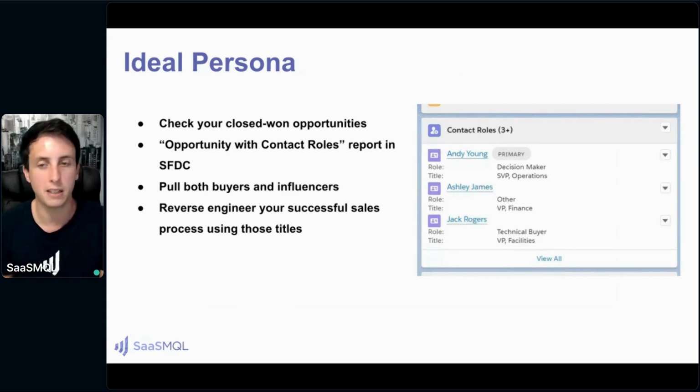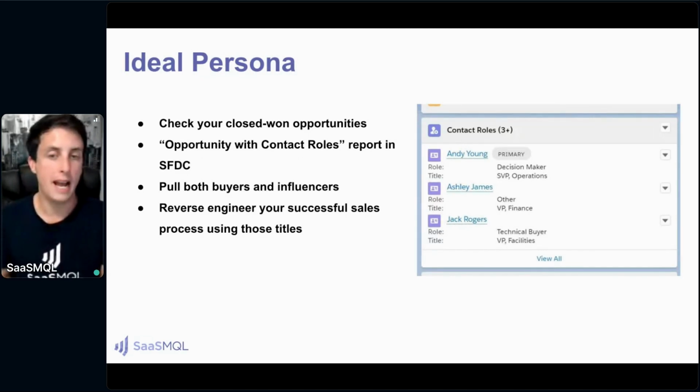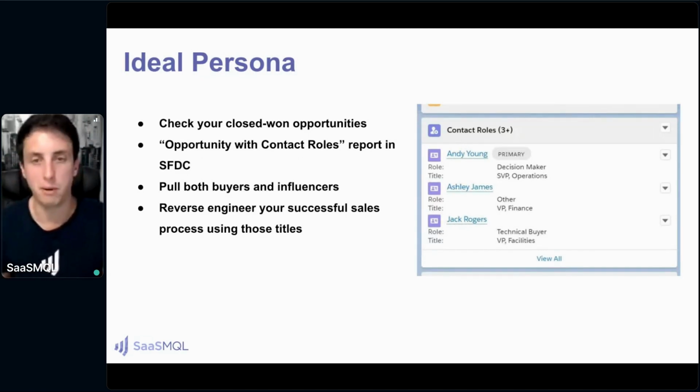So if you go back at those customers and look at what roles were involved from the beginning of the buying process. So who engaged first with your sales rep? What was the title? Who was brought in and involved later? Then who actually signed the deal? And who had to review, for example, the compliance or other things like that.